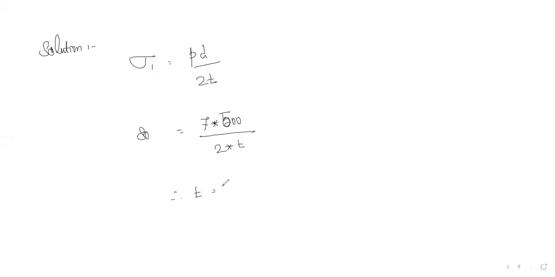So it becomes 21.875 mm. If that cylindrical material is to withstand the pressure of 7 Newton per mm square, the thickness of that cylinder becomes 22 mm.